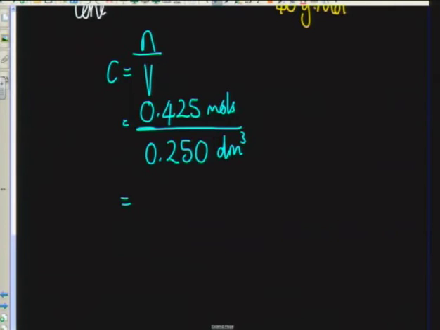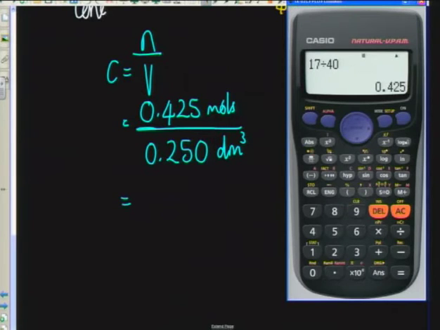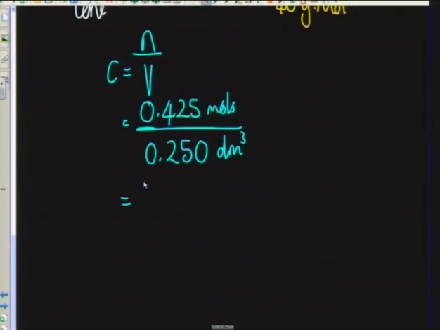And we can get to our final answer, divided by 0.250. And we get 1.7 moles per decimeter cubed. Okay.